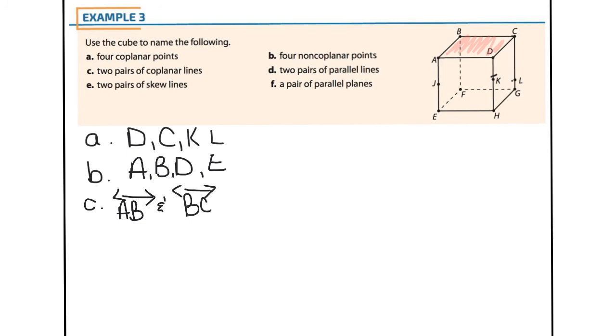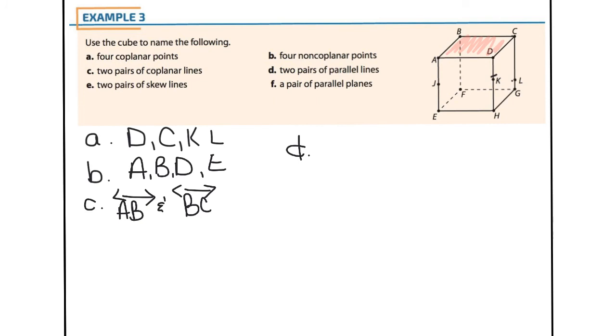Those would be coplanar lines. Okay? Or if you wanted to look at another plane, line EF and line GH, those would be coplanar lines.